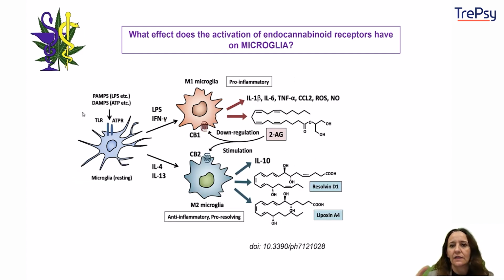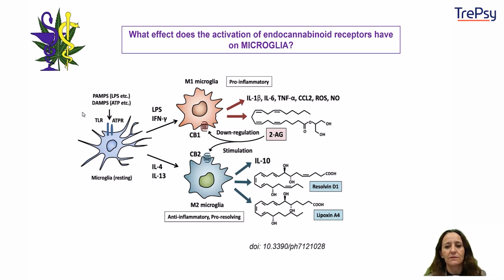And if we insert in this image the presence of the receptor of the endocannabinoid system, we can observe that the more reparatory, more anti-inflammatory microglia has the higher expression of CB2, the receptor that is in charge of giving an immune suppressant response.